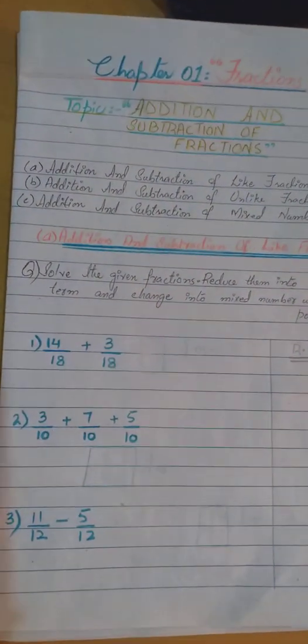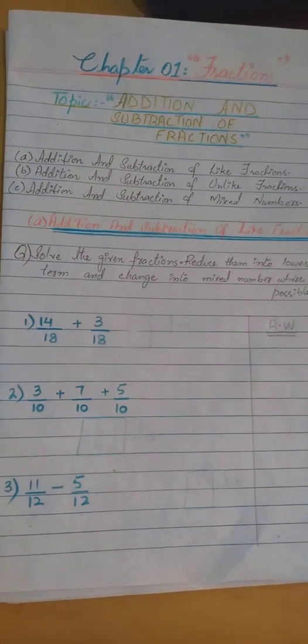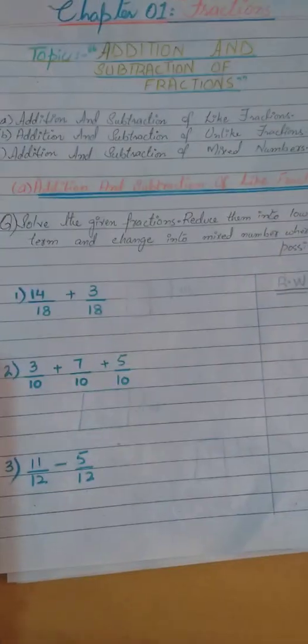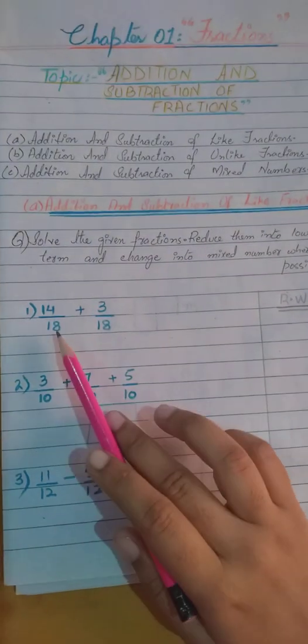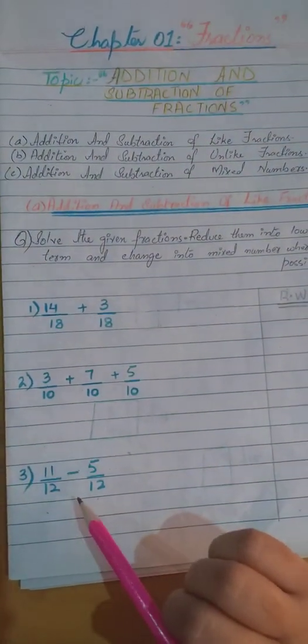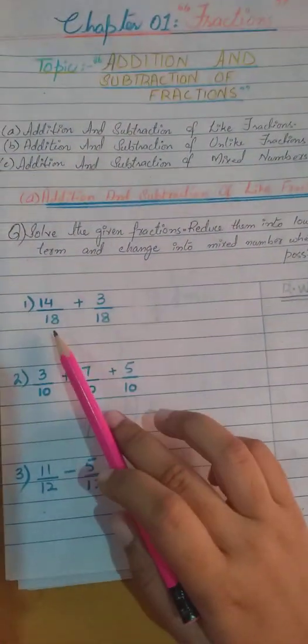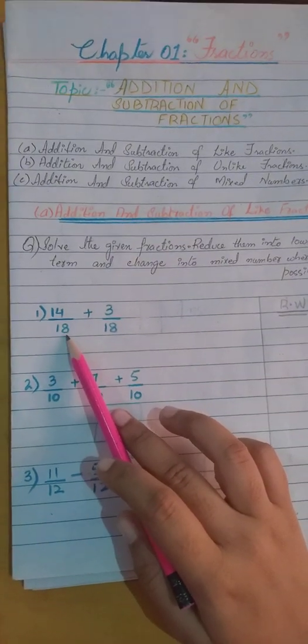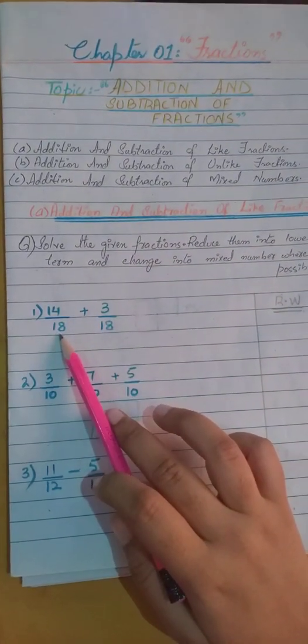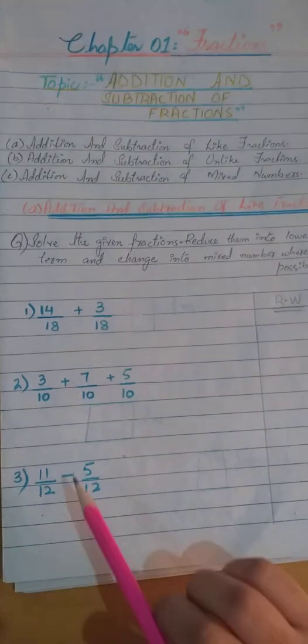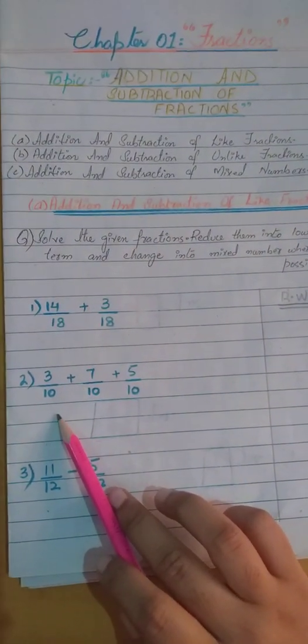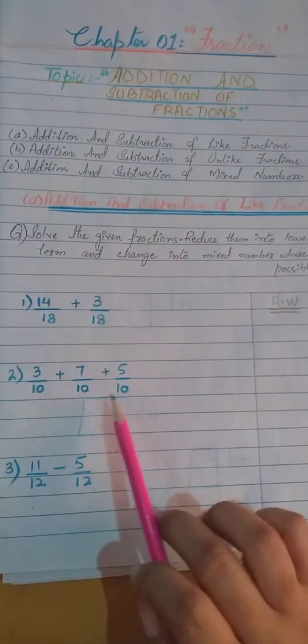But before solving example number 1, one thing you have noticed: in all these three examples, look at the denominators, students. In example 1, both fractions have the same denominator, 18 and 18. Also in example 2 we have the same denominators, 10, 10 and 10.